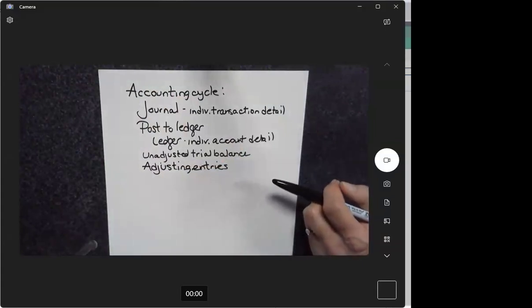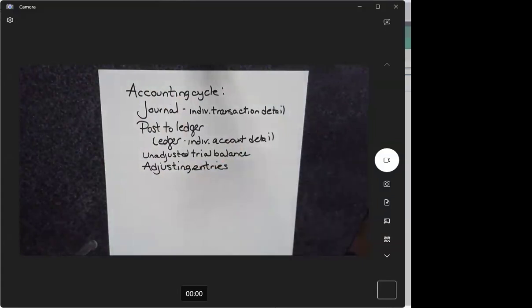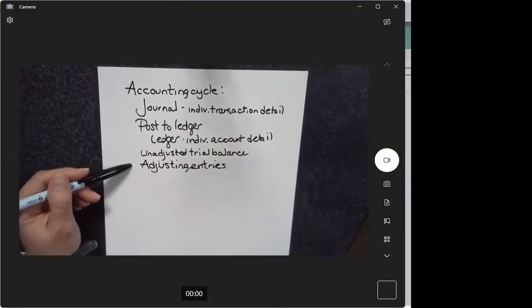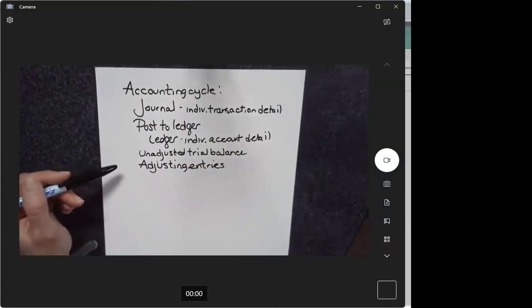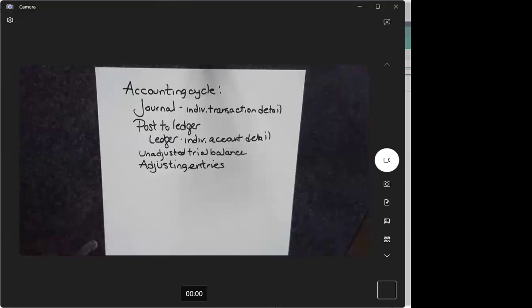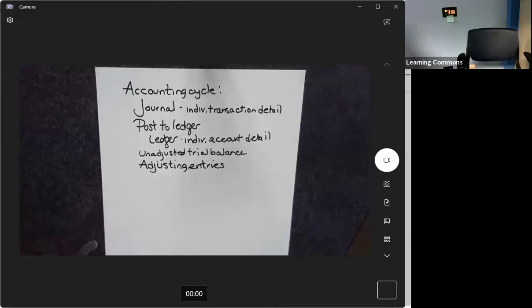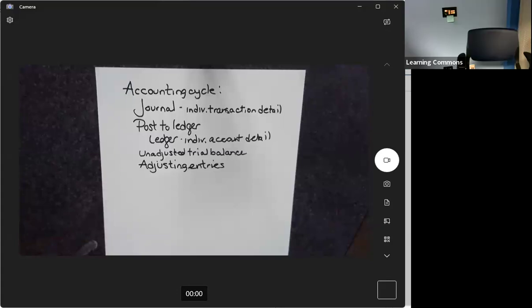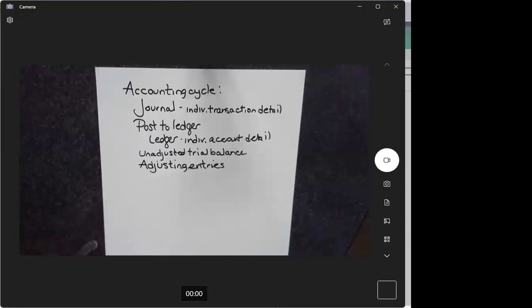They make sure our financial statements include all of the revenue we've earned and all of the expenses incurred. Those adjusting entries will always include an income statement account and a balance sheet account. Remember that adjusting entries will never include cash, because the whole point of an adjusting entry is that the revenue or expense is happening at a different time than when the cash is received or paid.